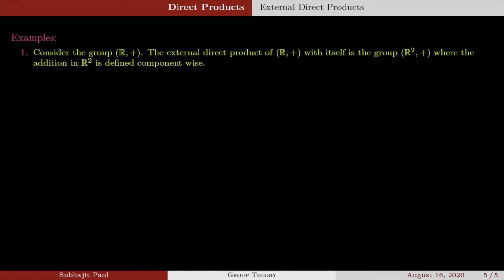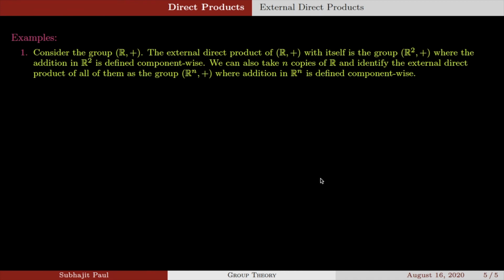Examples. Consider the group R plus. The external direct product of R plus with itself is the group R2 plus, where the addition in R2 is defined component wise. We can also take n copies of R and identify the external direct product of all of them, R cross R cross R, as the group Rn plus, where addition in Rn is defined again component wise.